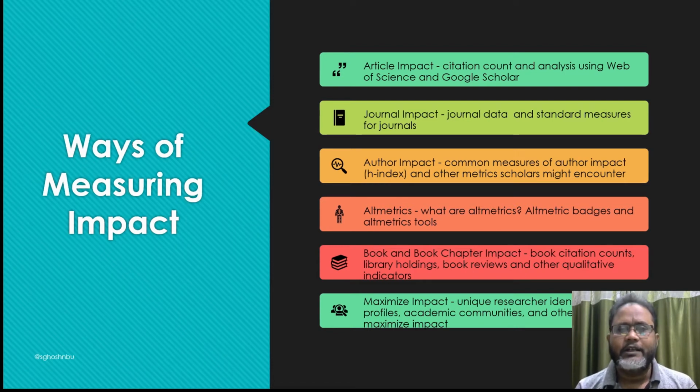Now, article impact means how many people are citing your article for their further study. If your article is being cited by many authors, then we can infer that your article has relevance, because whenever a new author is writing something and citing you, a kind of relationship can be established.